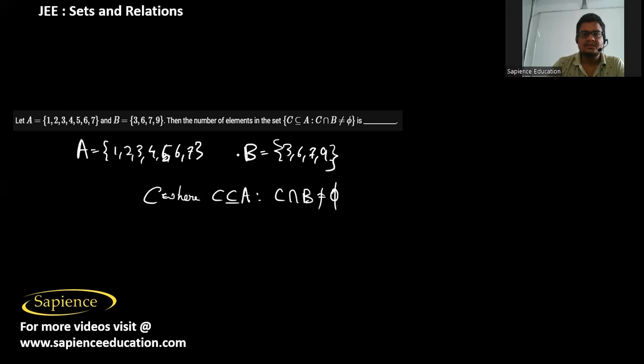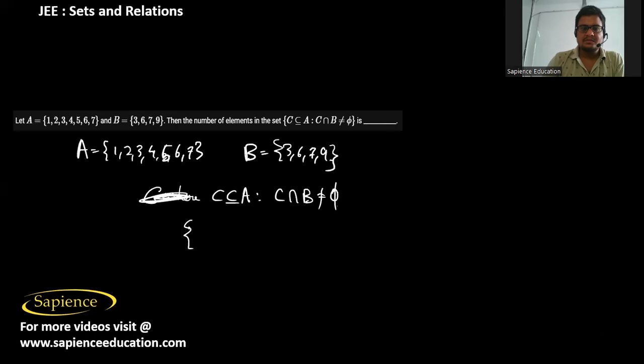So all subsets of A whose intersection with B should not be 5. So we have to take those subsets of A whose intersection with B is not equal to 5.